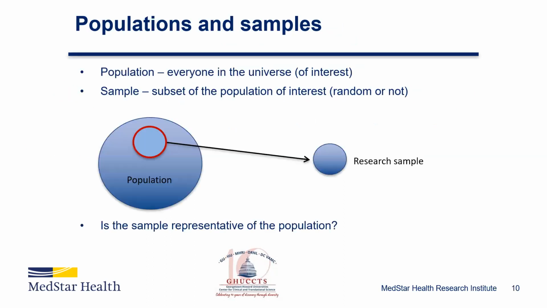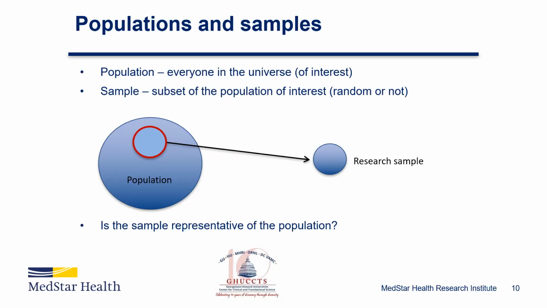So I want to start out by illustrating what we do when we do research, whether you randomize subjects or patients to a particular treatment or intervention, or whether it's just an observational study. The basic idea of research is that you assume there's a population, which, from a statistical standpoint, means everyone in the universe of interest.